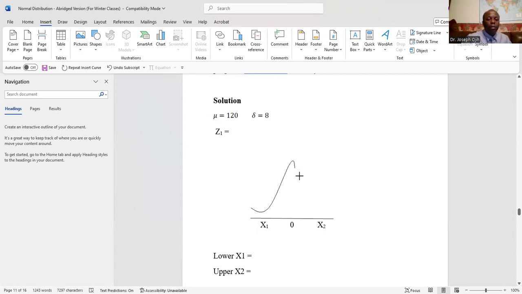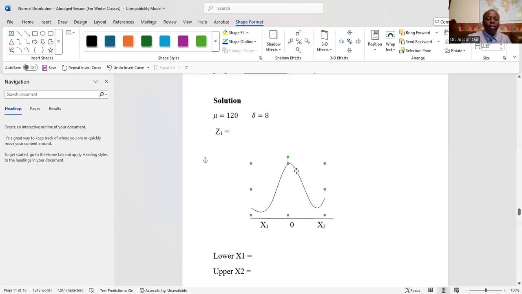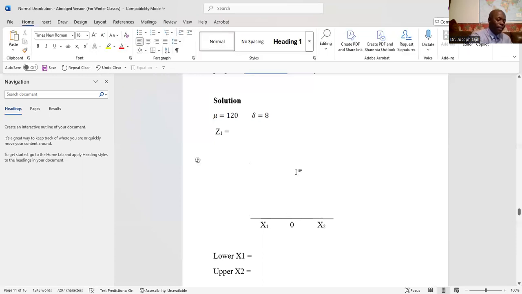I don't like this curve. I didn't draw it well. So let me draw it again, as close to symmetric as possible.